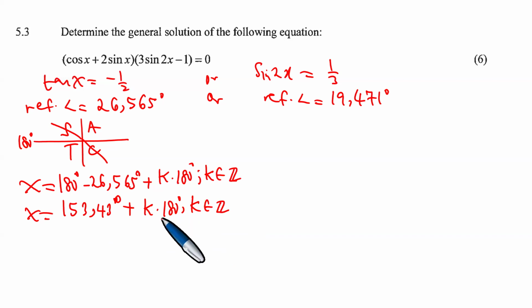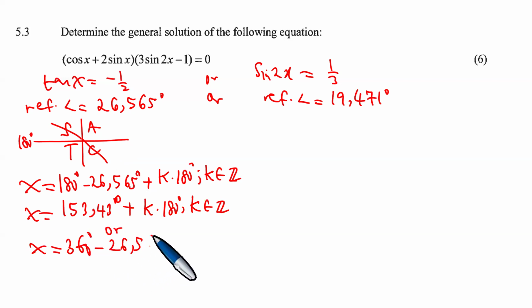Okay, but obviously this is not the only case. We also have one case we can actually consider here at this point. For example, because the tangent is negative in the fourth quadrant, meaning we'll have 360 degrees minus 26.565 degrees plus k times 180 degrees.